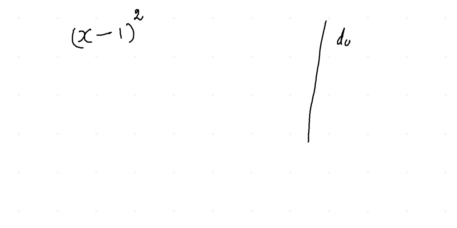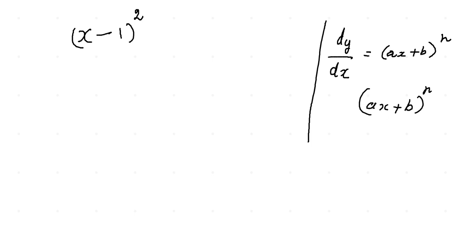If dy by dx is ax plus b the whole power n, then that is equivalent to ax plus b whole power n plus 1 divided by a multiplied by n plus 1, plus c.